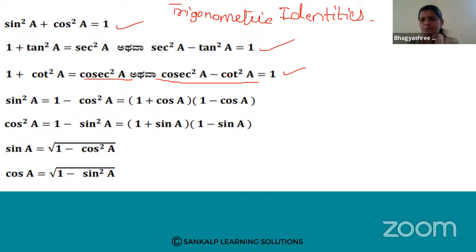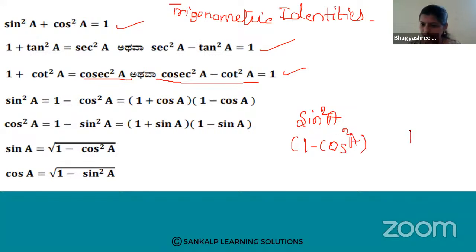So why do we need these identities? Because see, while solving problems, if you get sin square A, in place of sin square A, I can write 1 minus cos square A, right?